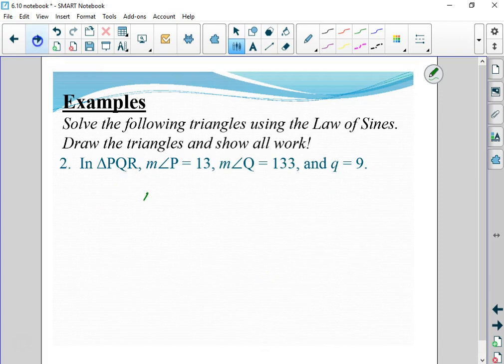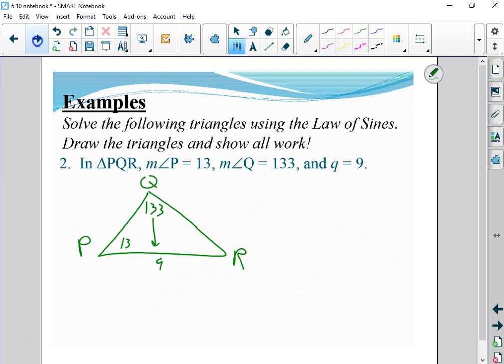Okay, again, just draw a triangle, doesn't have to be great artwork. PQR. Measure of angle P is 13. Measure of angle Q is 133, obviously not drawn to scale. And side q is 9. So we're solving for QR right here. Now again, 133 is much bigger than 13.